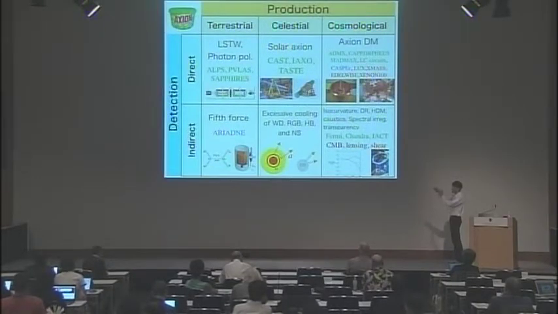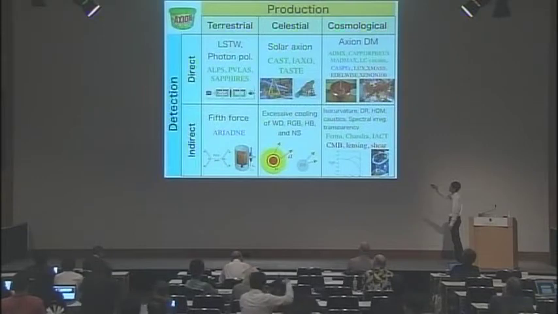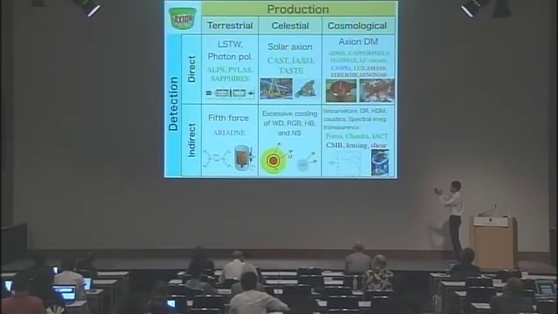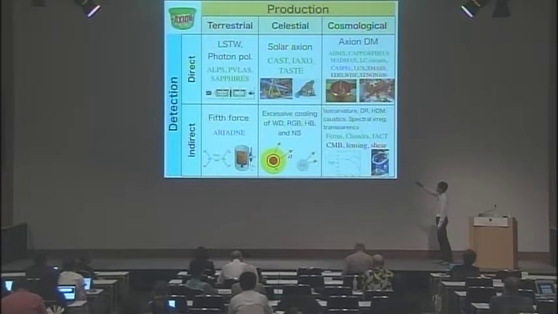One example of celestial production is the solar axion. The axion, if it exists, can be produced inside the Sun copiously. The CAST experiment or the future IAXO or TASTE, these solar axion experiments try to convert axions coming from the Sun to X-rays. IAXO is a future axion search experiment, probably hosted at DESY.